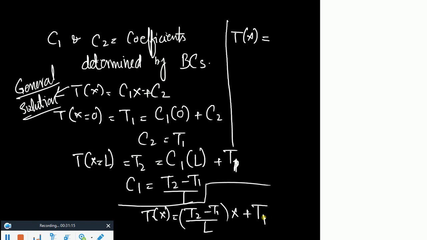So if you have a one-dimensional steady state no heat generation heat transfer process, what kind of temperature profile would you have? Linear temperature profile. You would be having a linear temperature profile.